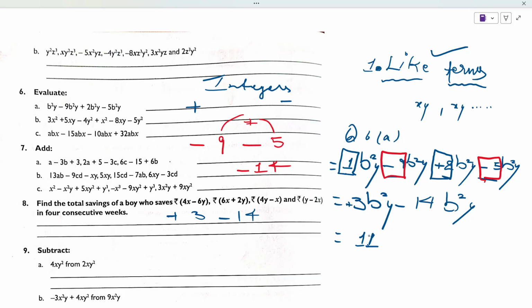And as per the rule of integers, 11 will have the sign of the number which is bigger, at least magnitude wise. It is minus 14, so the final outcome will be minus 11. So minus 11 b square y. This is the last step, and with this we get our final answer.